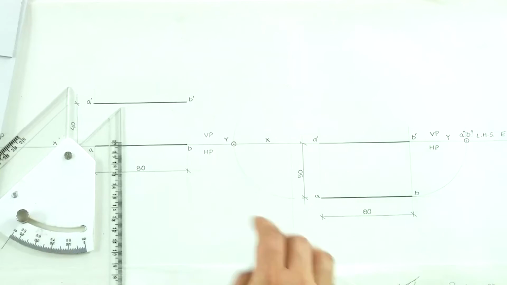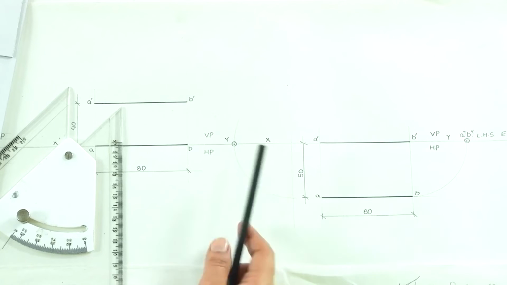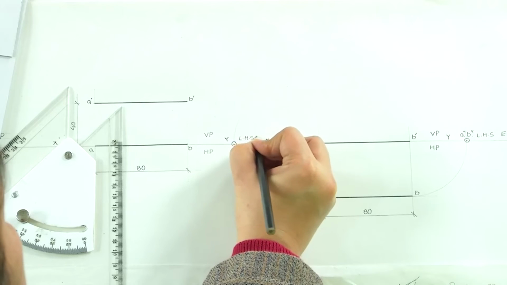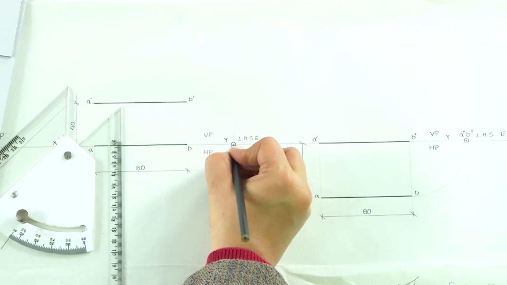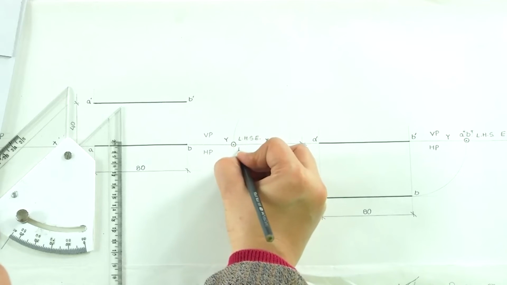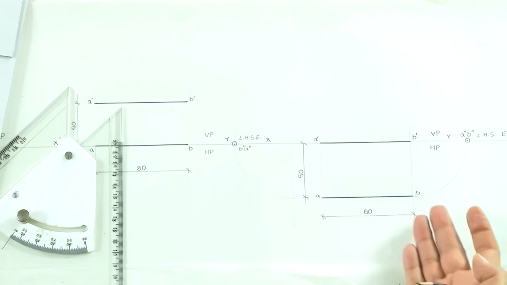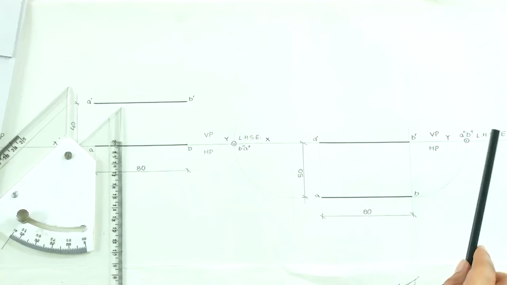In this case, this becomes the left hand side elevation, which is LHSE, and the nomenclature which we use here for this point will be B double dash, A double dash, because we are seeing it from this side, right hand side.